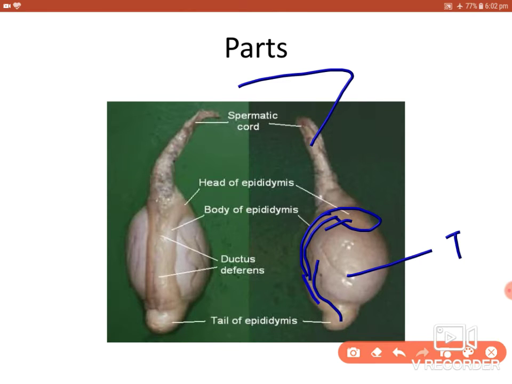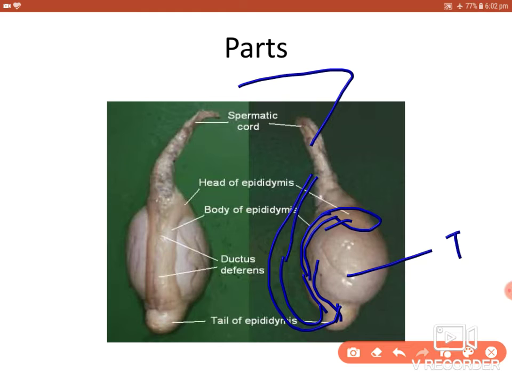Then it tapers to form the tail of the epididymis and continues as the vas deferens or ductus deferens, which transmits the spermatozoa. Spermatozoa are produced in the testis, stored in the epididymis and matured there, then transmitted through the vas deferens into the prostatic part of the male urethra.